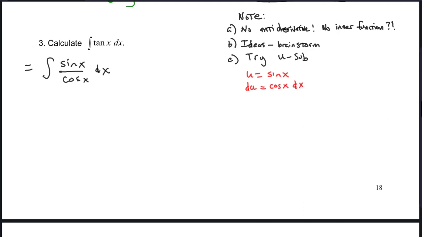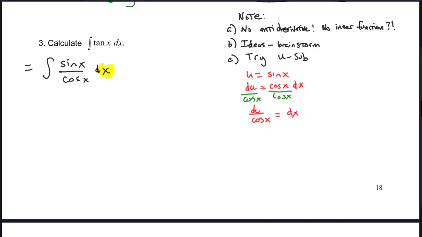And I know in the end, I'm probably going to need to isolate the dx so I can substitute that in here, because I have dx. It's got to come out also. So I'm going to do one little extra step here and divide by cosine on both sides. And that gives me dx isolated: du over cosine x equals dx.